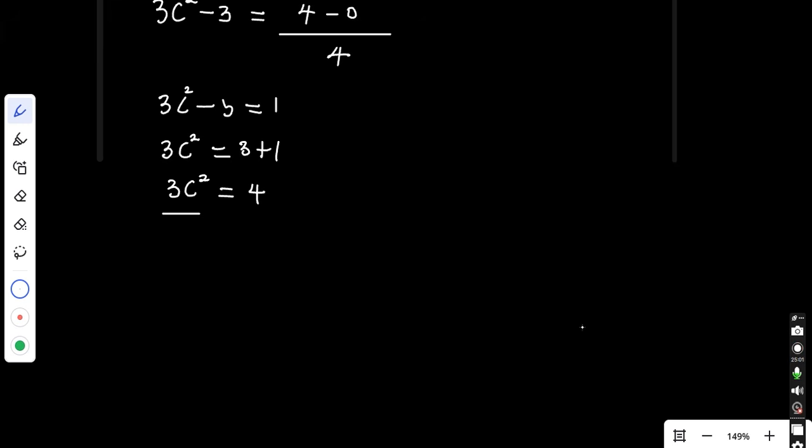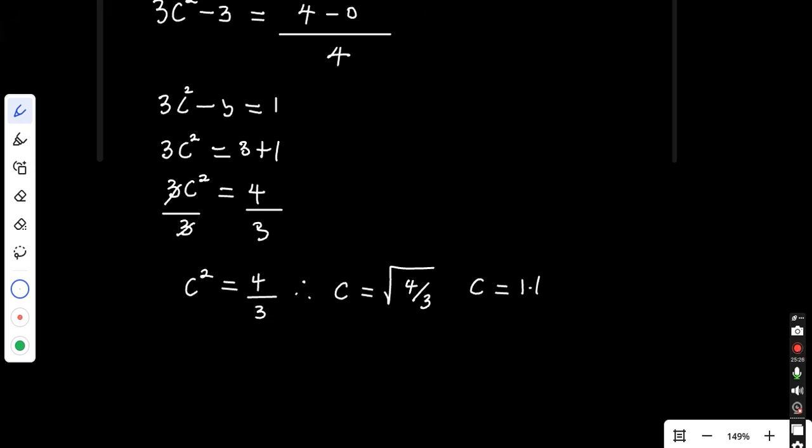Then we divide all sides by 3, and we're going to have that c squared is equal to 4 over 3. Then therefore c is equal to the square root of 4 over 3. We can have that c is equal to 1.15. So the value c which exists for the function on the closed interval -2, 2 is equal to 1.15.